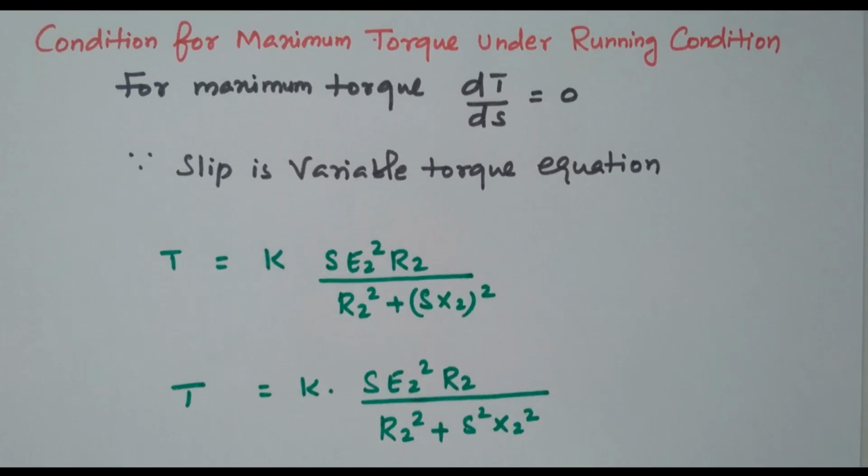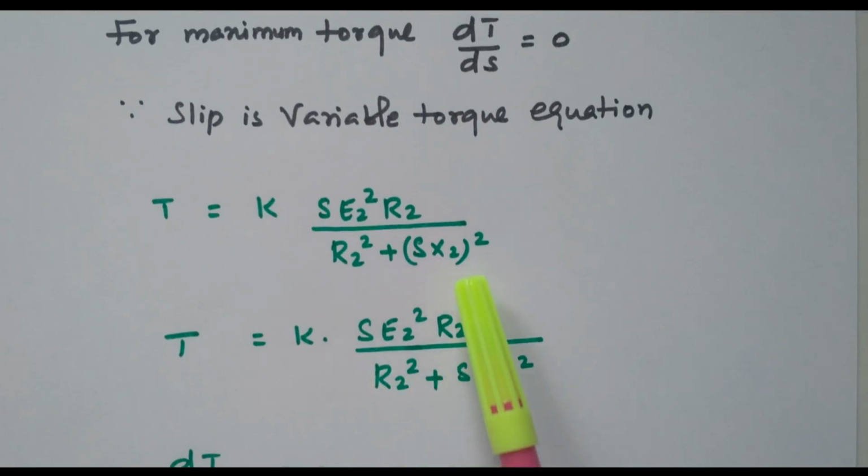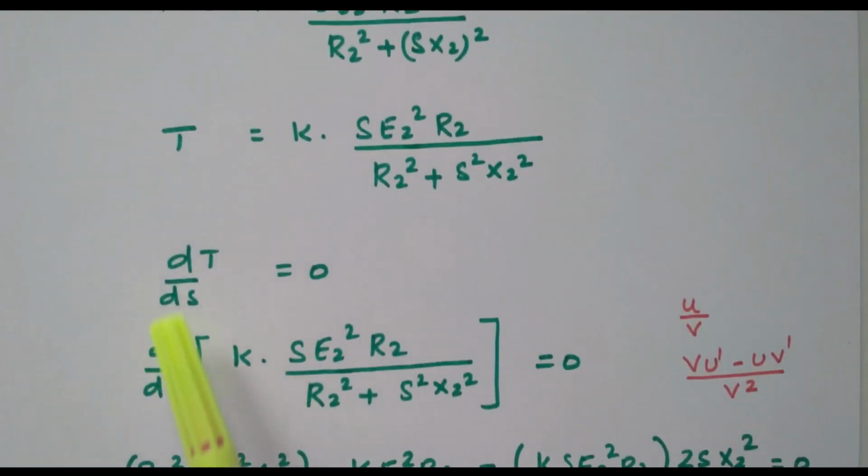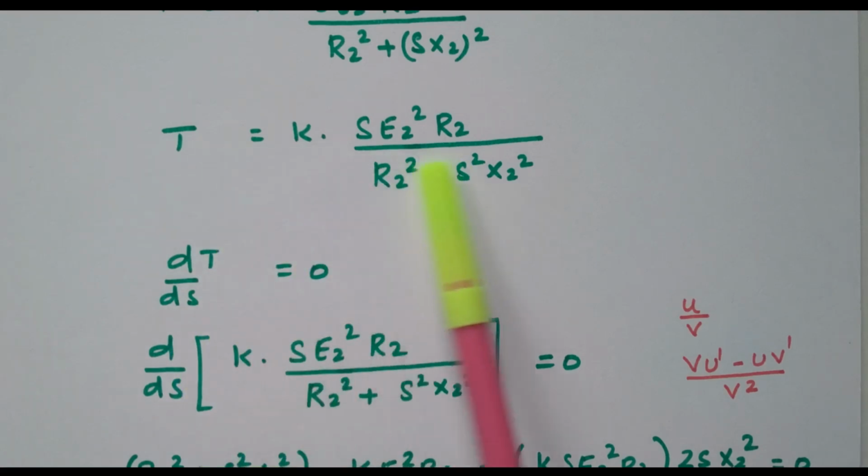So this we will go for squaring this time, so that T equal to k into s E2 square R2 divided by R2 square plus s square X2 square, so that it is easy for going for a differentiation. Now we need to differentiate this equation, dT by ds equal to 0, right. So this is the torque equation available.